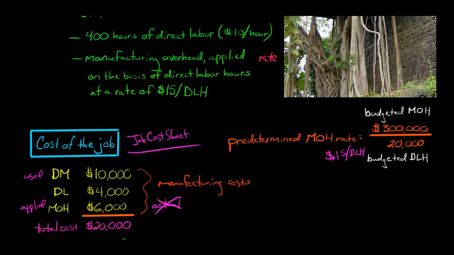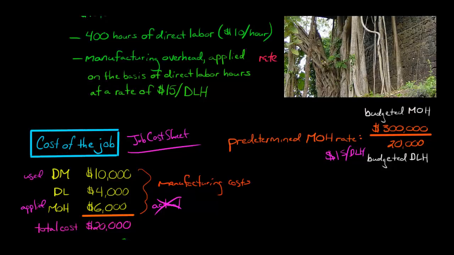Generally speaking, with a company, when they do the cost of the job, and we're actually thinking about ultimately our inventory and cost of goods sold, you're only going to have direct material used, direct labor incurred, and applied manufacturing overhead charged to jobs. Now, there could be examples just for internal decision-making purposes where a company decides to allocate or charge some other kind of cost other than these ones here to a job. We'll talk about that in future videos, but this is the basic setup, okay, and this would be GAAP.